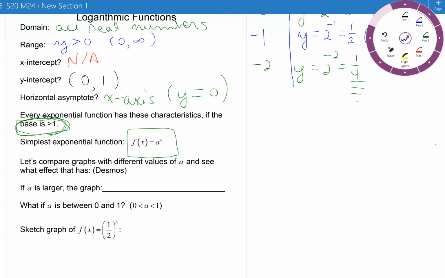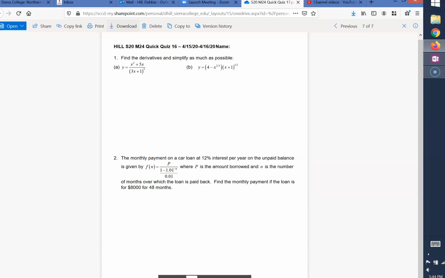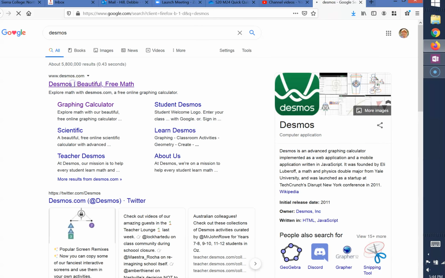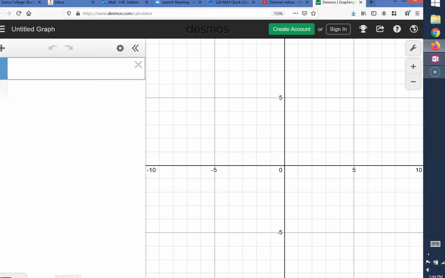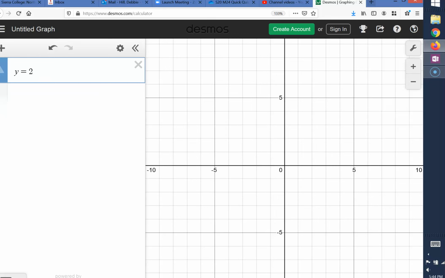So let's compare graphs with different values of a and see what effect that has. So I'm going to hop over to Desmos. And we use the hat for the exponential. So we say, let's do 2 hat, which is above the 6, to the x, and that's what the graph looks like that we just drew.